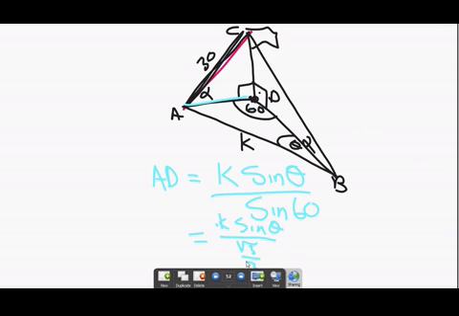You see that? So my AD will be 2/√3 K sine theta. There were not too many given sides, and all you are doing is following your sine rule, and that's how we use the sine rule.